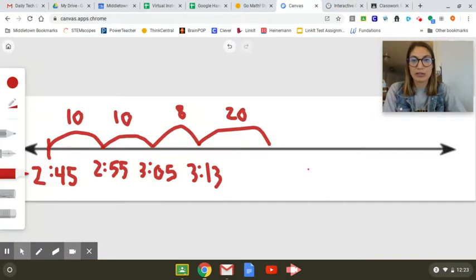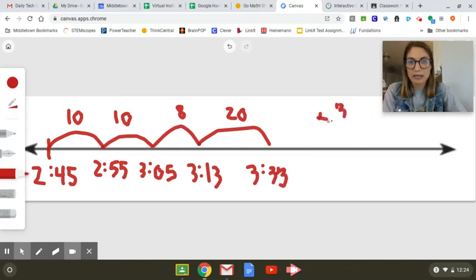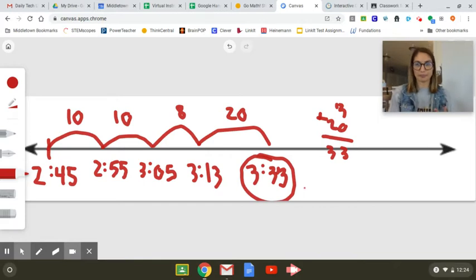So it is 3:33. And you can check your work by thinking, okay, 13 plus 20 minutes. Oh, that equals 33 anyway. So that makes sense. So he arrives at soccer practice at 3:33 p.m.